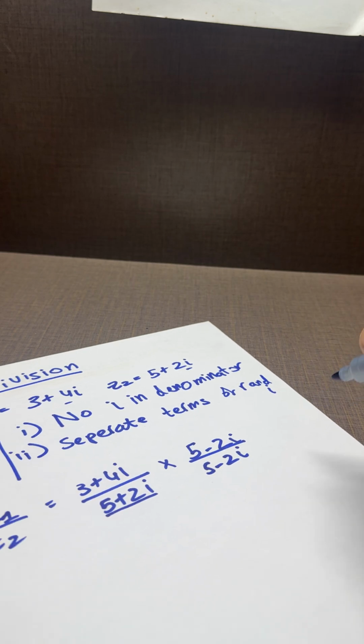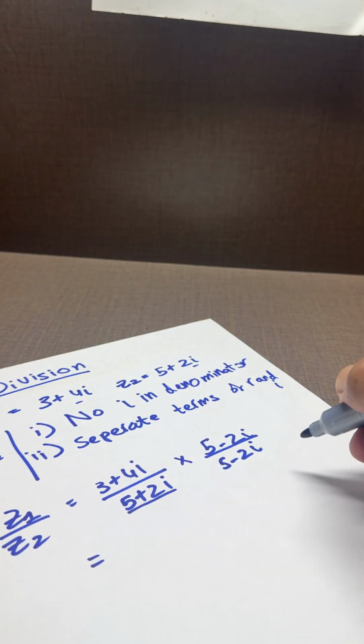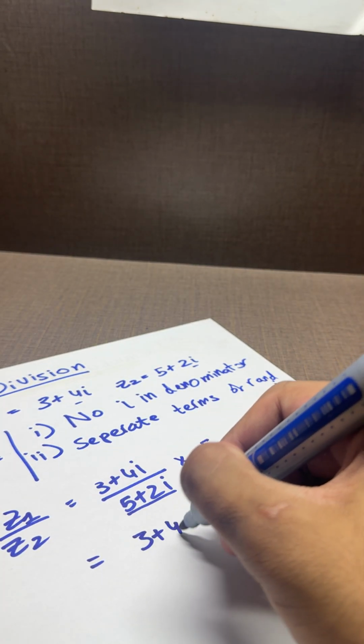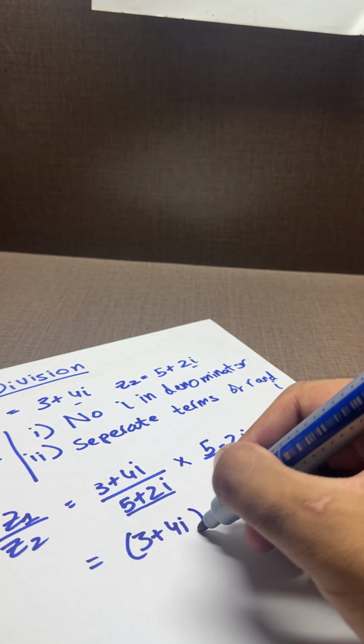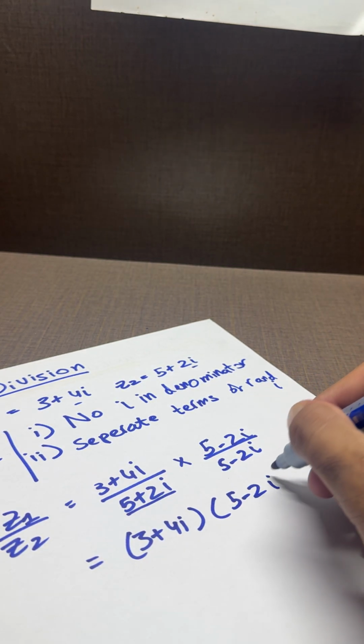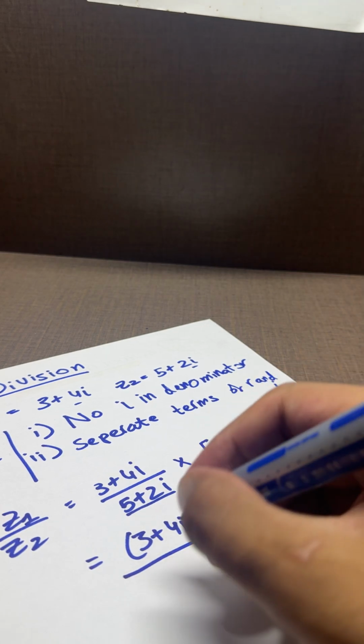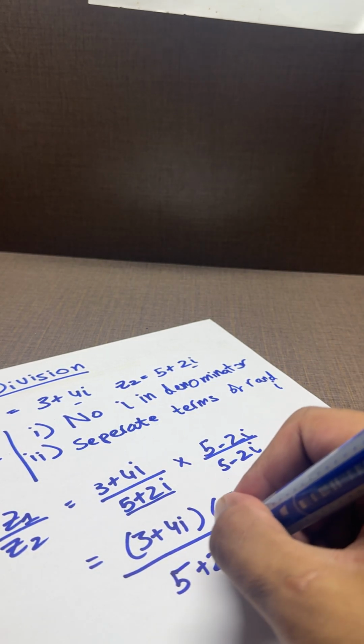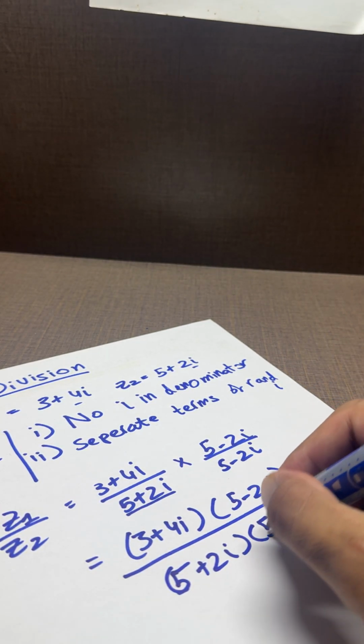Okay, so basically this multiplication is done with this fraction and this fraction is equal to 1, so it doesn't really matter. But over here what we will do is multiply these two, 3 plus 4i and 5 minus 2i, and in the denominator we would have 5 plus 2i into 5 minus 2i.